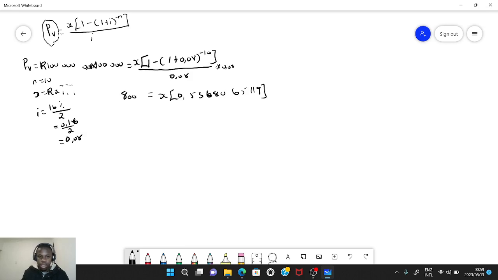Here we have 8,000, and then since we are solving for x, we will divide both sides by this long number, right? And like I said, you don't round off until you reach the final answer. So we say 8,000 divided by this long decimal.